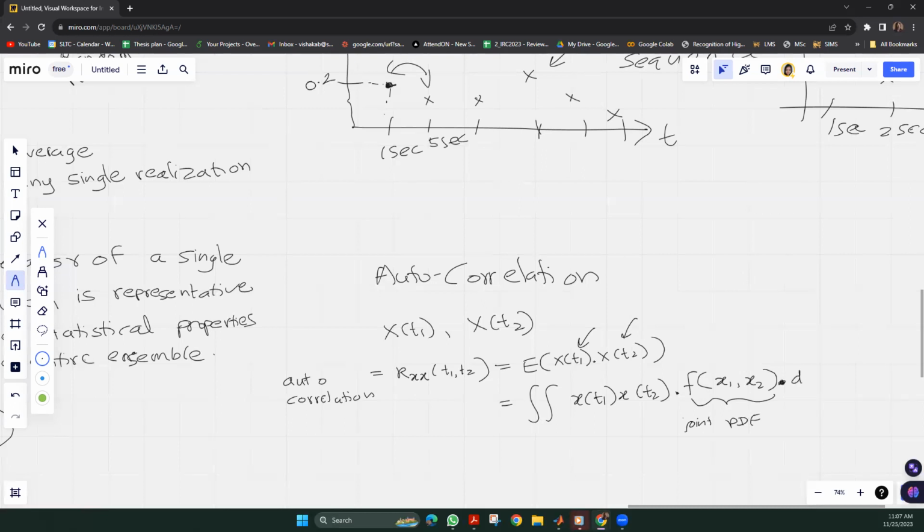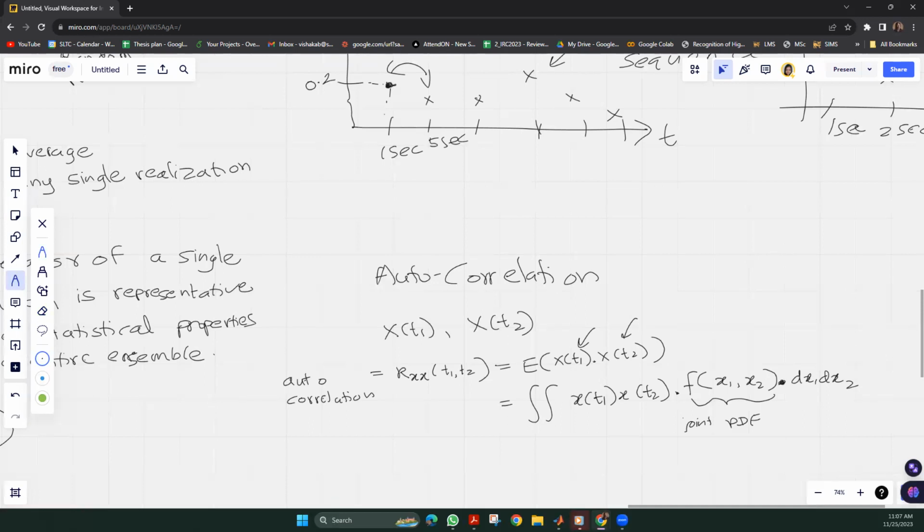We need to integrate it over x1 and x2 to get the integration over these two random variables.